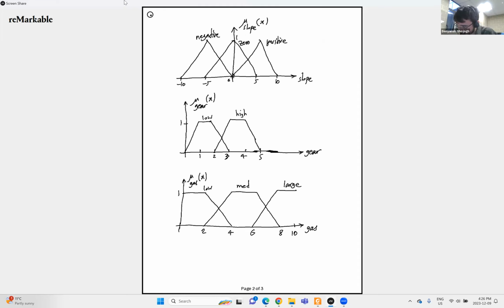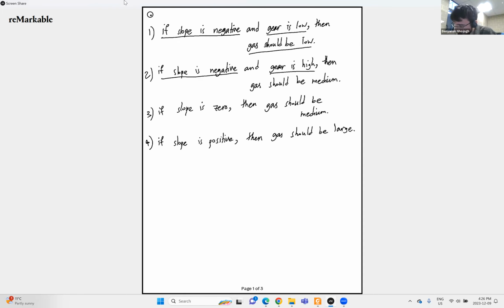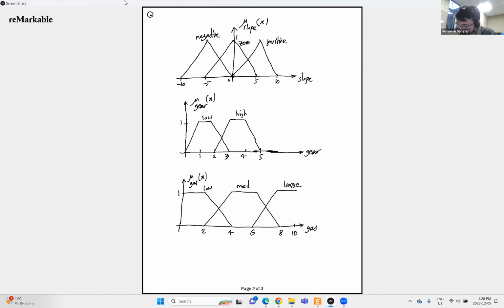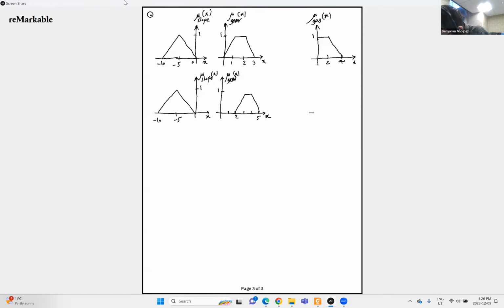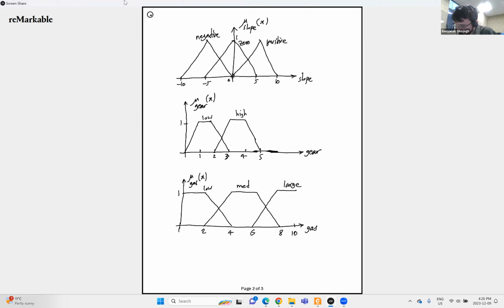And then gas should be medium. Gas should be medium. So gas should be between 2 and 8.